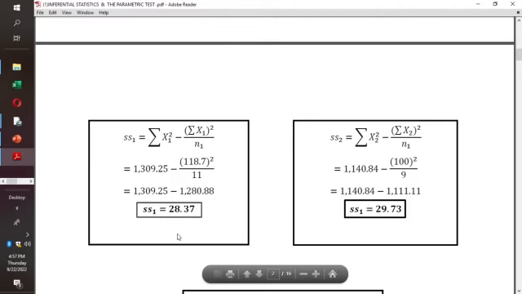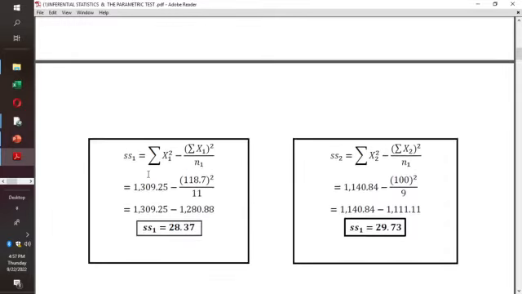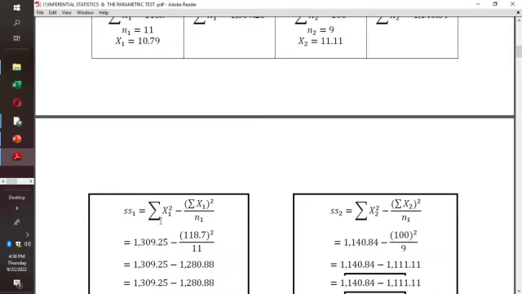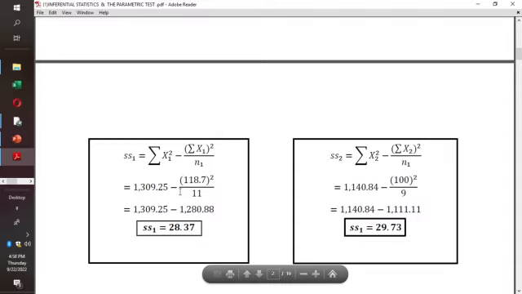So, the SS1 po, which is the sum of squares of group 1. Ito po yung formula. And equal to 1,309.25 minus 118.7 raised to 2 over 11 and equal to 1,309.25 minus 1,280.88, which is the number of observations in group 1, is equal to 28.37.